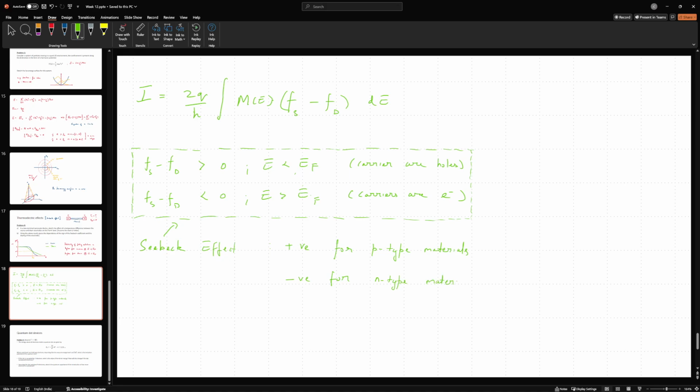Essentially what this means is there will be a positive current and a reverse current, but the magnitude of current will always increase. So this positive and negative only refers to the direction of the thermoelectric current.